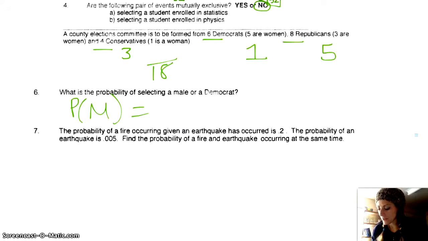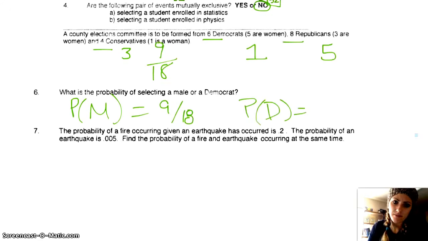Okay, so what that means is I have a total of 9 out of 18 that are males. Okay, the probability of someone being a Democrat is 6 out of the total, so 6 out of 18.